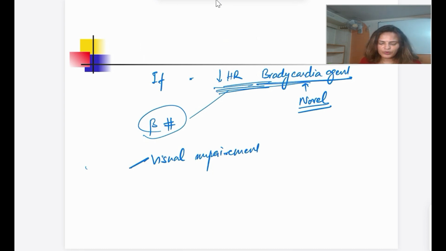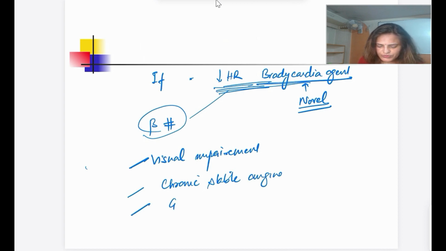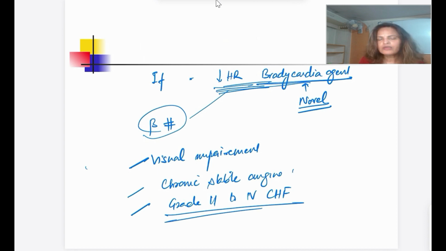Now where are we going to use this drug? This is used for chronic stable angina. This is one use. Another one is it is also used in grade 2 to 4 congestive heart failure. So these are two uses of Ivabradine.